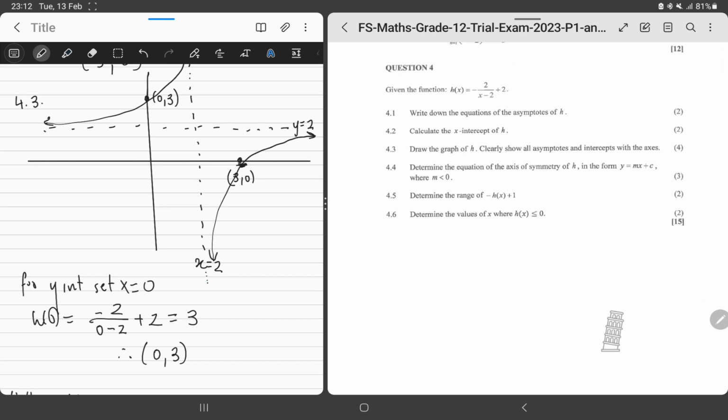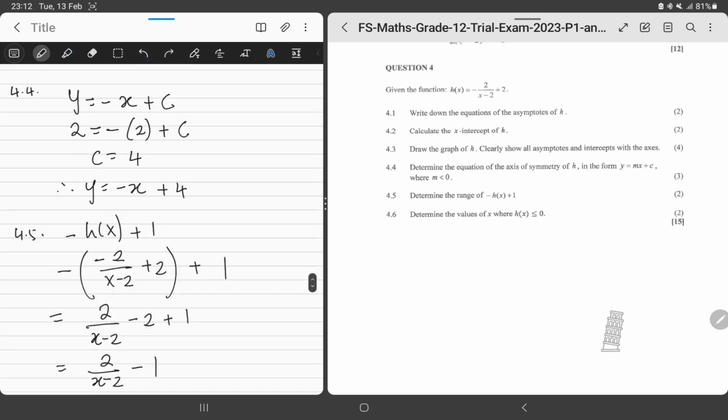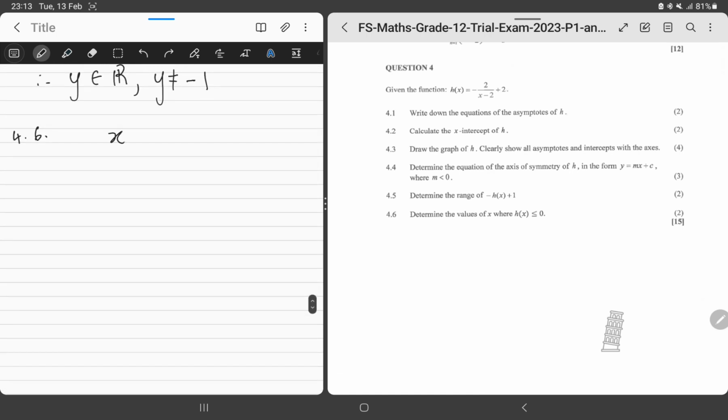So in other words, x should lie between the 3 and then the 2. So we exclude the 2 because that is the equation of the asymptote and it doesn't touch the asymptote. But we do include the 3 because there the graph is equal to 0.